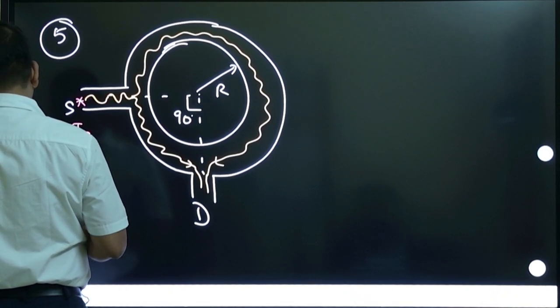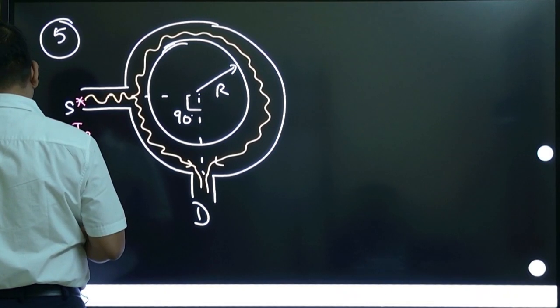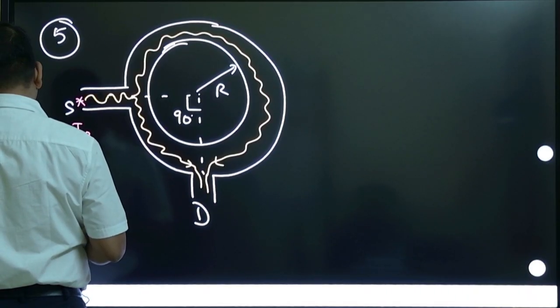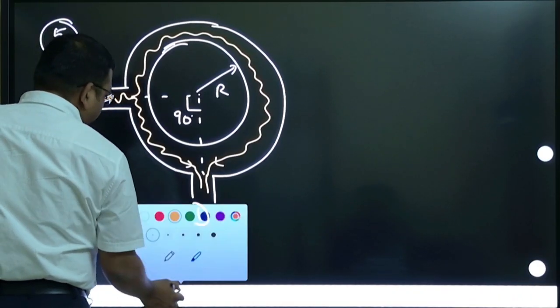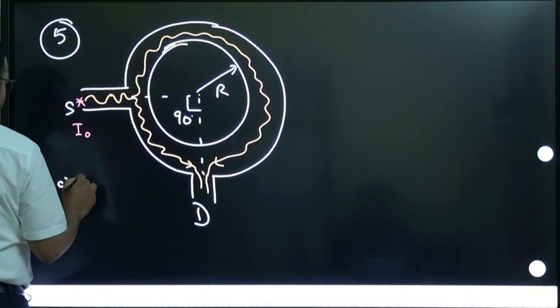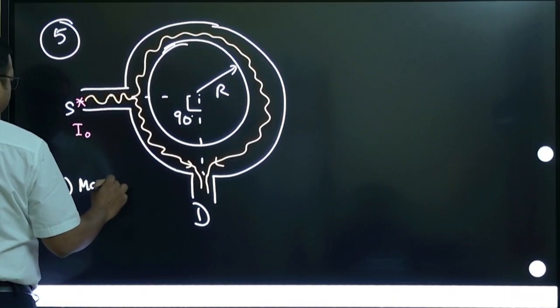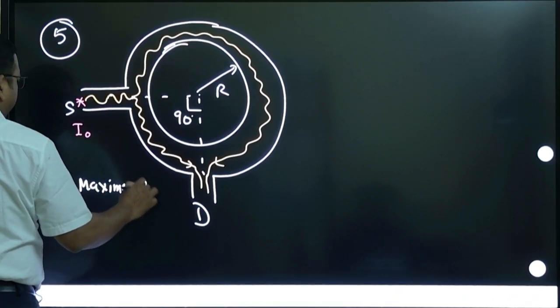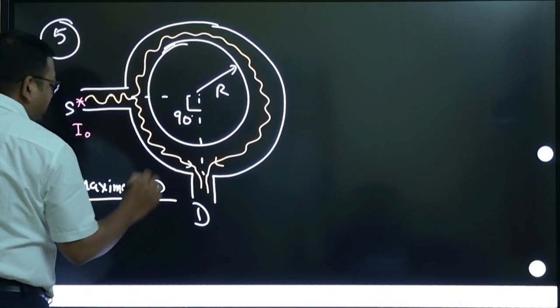Okay, now we have to check if a maximum is formed at detector, then the magnitude of wavelength lambda we produced may be given. Suppose there is a maxima happens. So option A is condition of maxima. Maxima at D. Here detector is getting maximum.